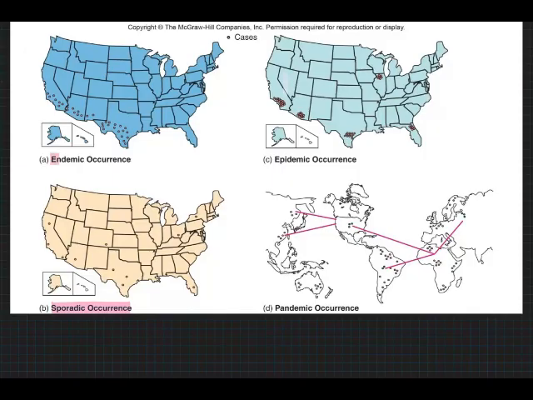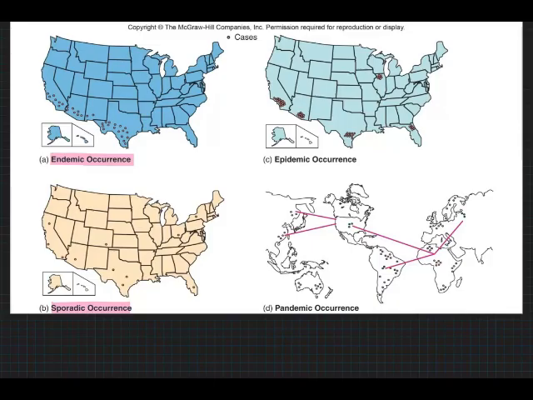Then we have endemic. This is something that happens in a specific geographical area. For instance, coccidioidomycosis, the fungal infection, is endemic to Southern California. Okay? Or Rocky Mountain spotted fever is endemic for Tennessee and Kentucky in particular.